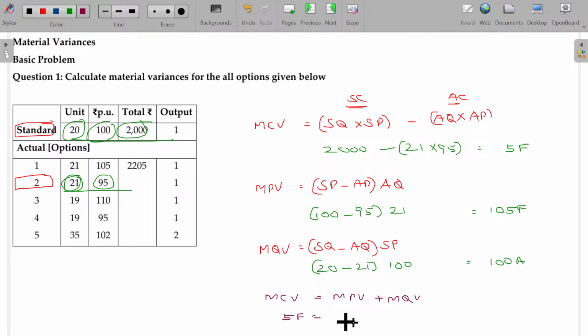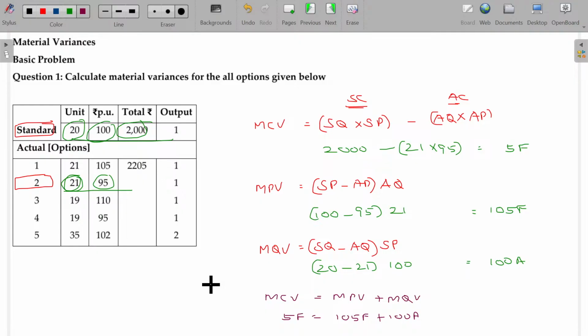This is 5 favorable: material price variance 105 favorable, and we have 100 rupees adverse, ultimately 5 rupees favorable. Clear? So try the next one.